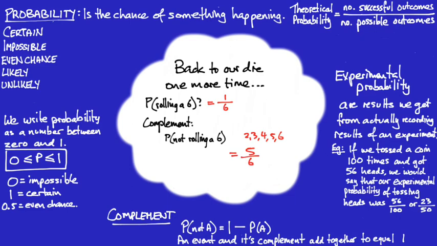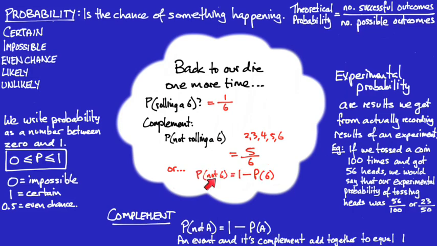Or more easily, I could say, well, they are complementary events. So the probability of rolling a 6, the complement is the probability of not rolling a 6. And I know that the probability is 1 minus the complementary event. So let's have a look at that.